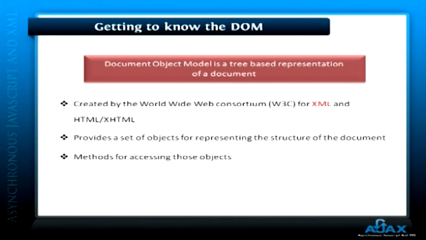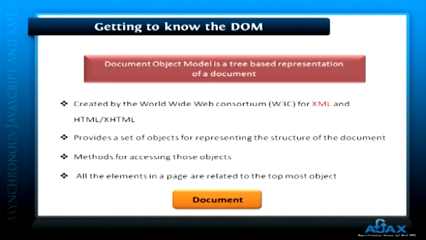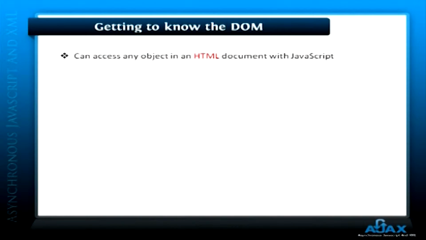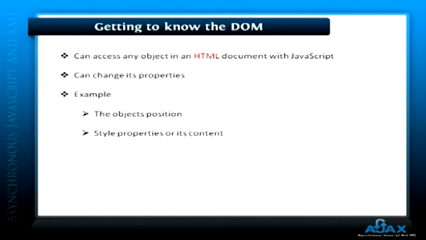But before that, just know that all the elements in a page are related to the topmost object, that is the document object. So, using this model, we can access any object in an HTML document with JavaScript, and we can change its properties. Say, for example, we can change the object's position, style properties, or its content, and we can even add new content to it. Are you clear?